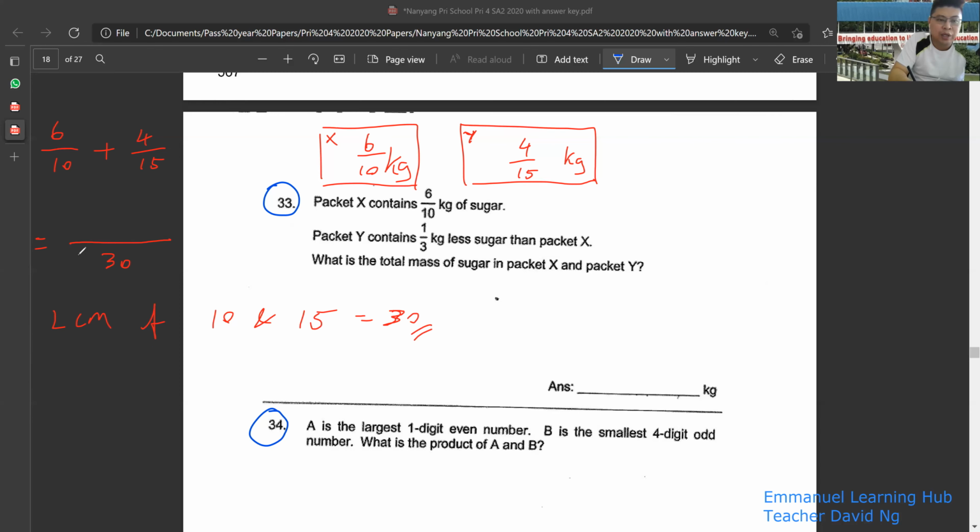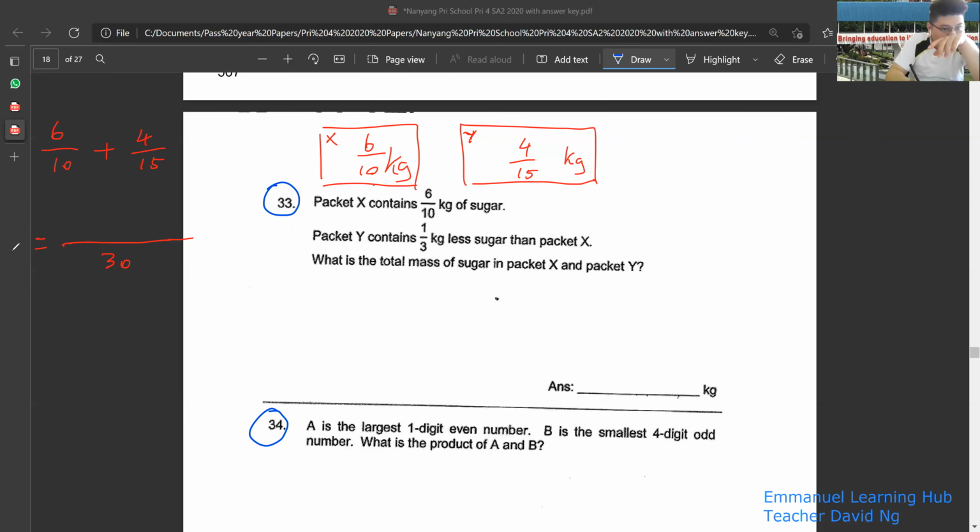So what must I write here? 6 over 10, I change to how many over 30? Just now I went through this process with you. What you don't recall? 8.